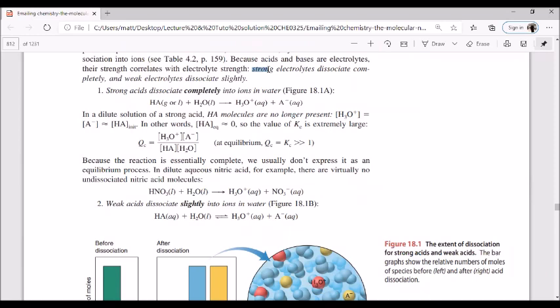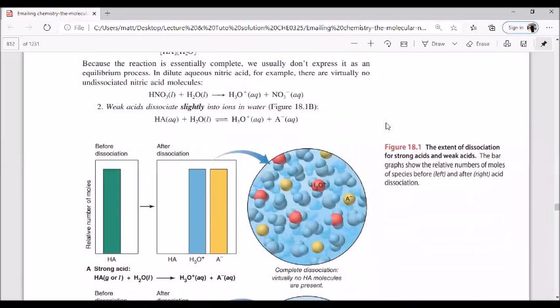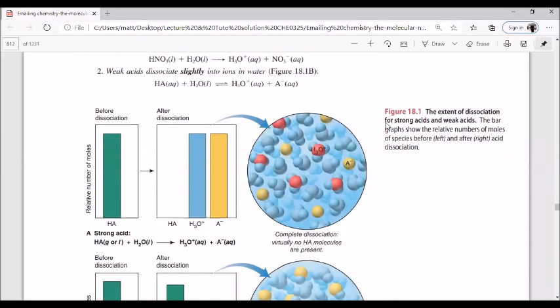For strong acid, of course, it dissociates completely. For weak acid, it dissociates slightly, similar to base. For strong acid, point number 1: strong acid dissociates completely into ions. Look at figure 18.1a.